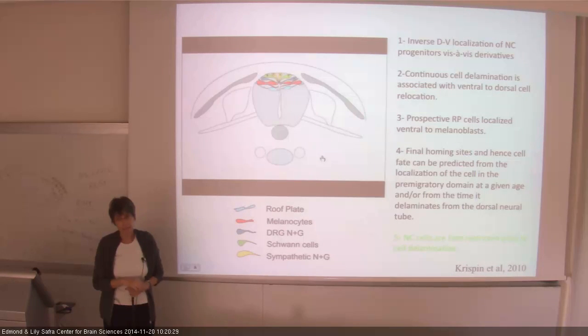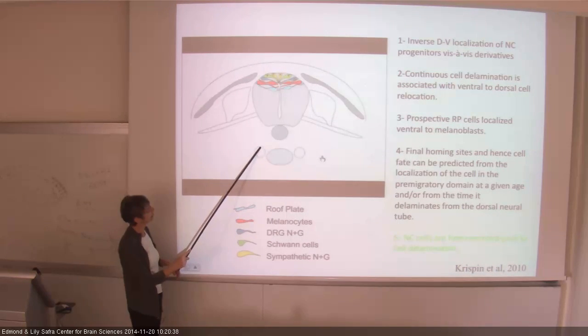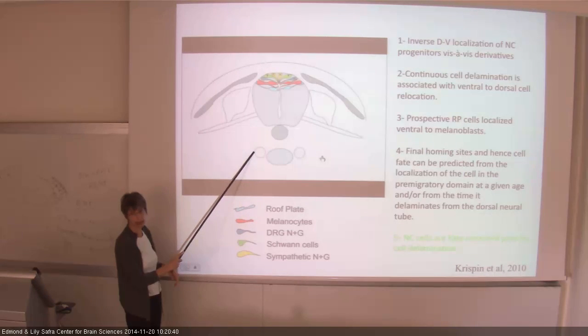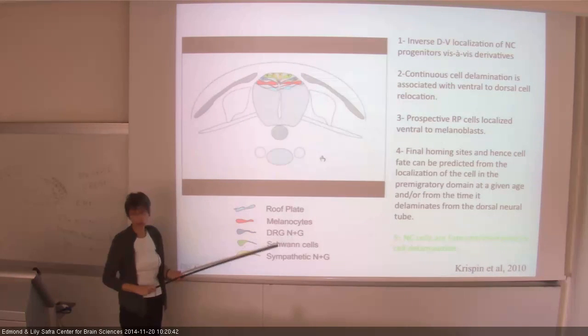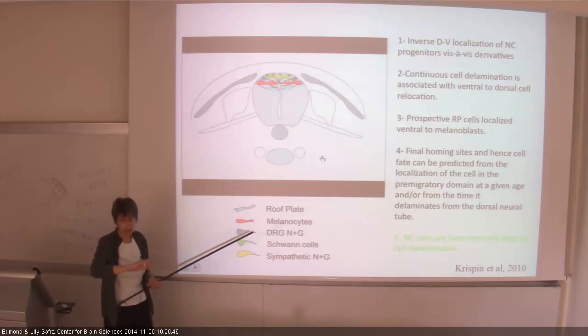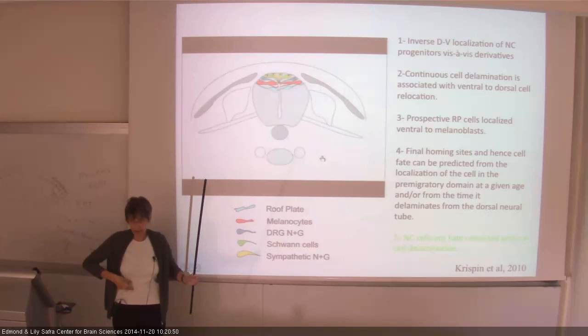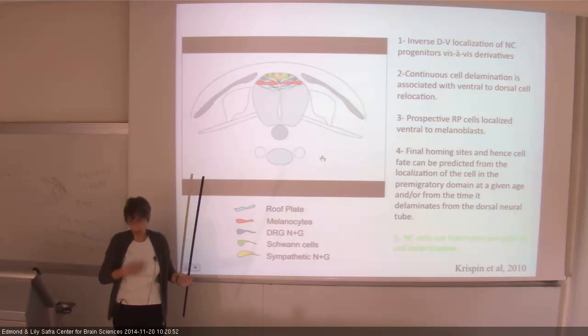So once something triggers the yellow one, 2.5 days later it's a process. It's a gradual process. The first cells that you will see in the periphery are these ones, where the other ones are still going to be in the tube. And again and again, as time goes by, you are going to see, and we are talking about a particular level, right? Because at different levels there is a rostrocaudal gradient.